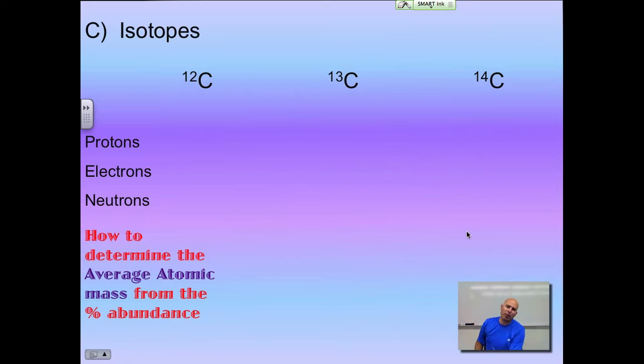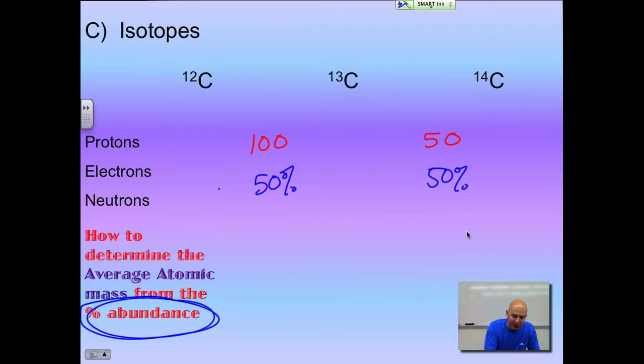So that's exactly what we take a look at when we find the average atomic mass from the percent abundance. Let me show you mathematically kind of what we're doing when we find the average between 100 and 50. Let's say I have exactly 50% of each. Notice I'm talking now about percent abundance. I have one 100 and one 50, which of course would be 50% of each.